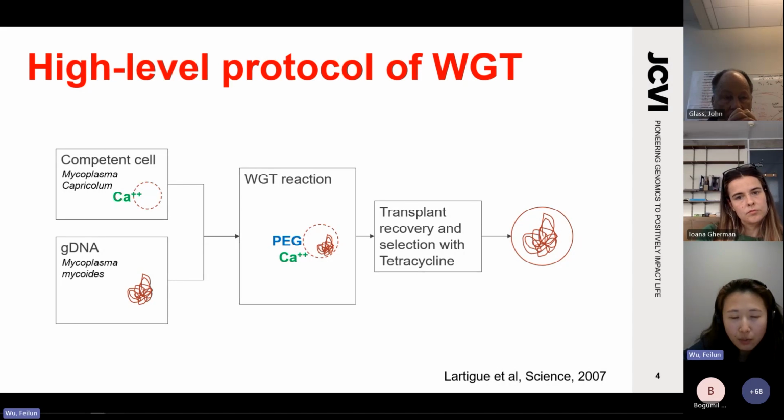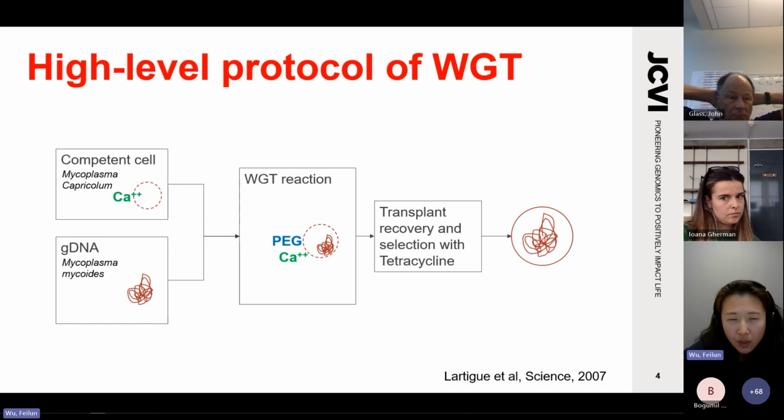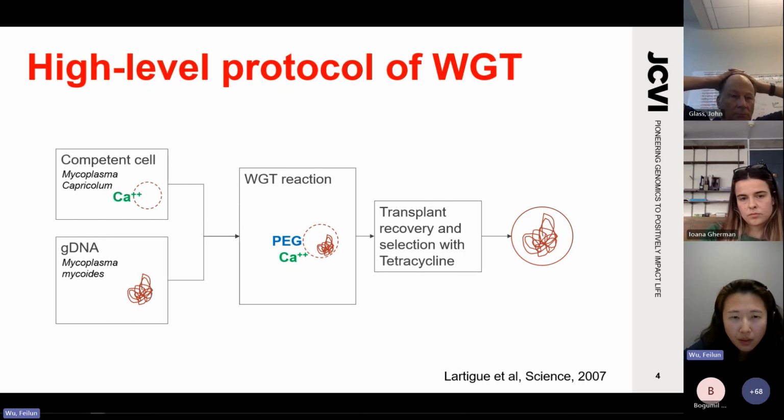In the results that I'm going to show you, and also the original paper, the DNA used was Mycoplasma mycoides donor DNA. And what we do after we have the two components is we mix them together and add PEG. And we think what PEG does is to fuse the cells to enable the physical transfer of the DNA into the cell.